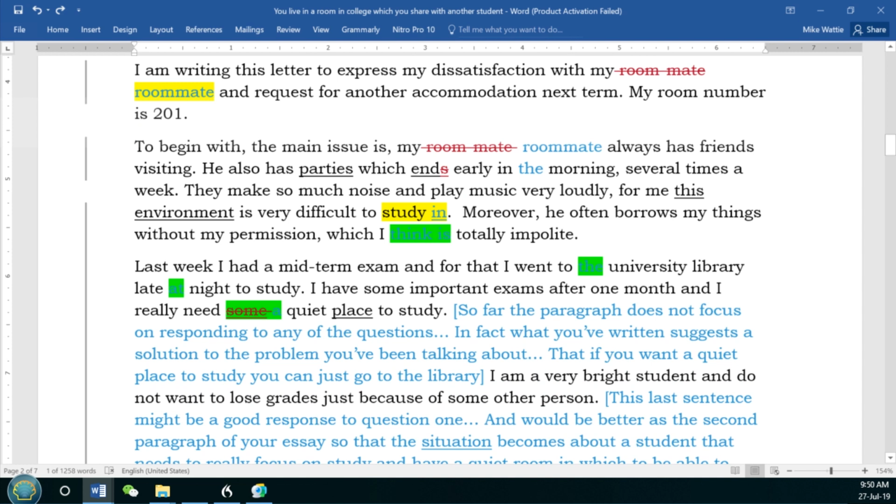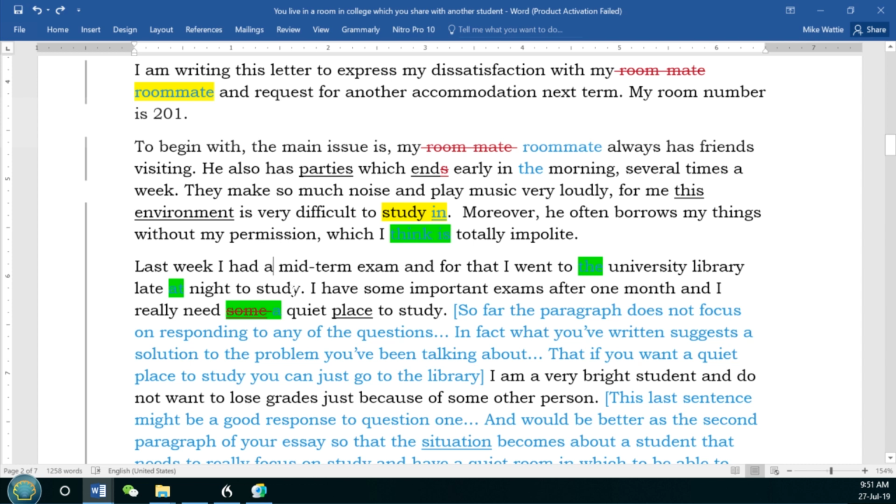I'm telling the writer here that this next paragraph is not really responding to any of the questions, and this is a problem. Paragraphs should start with a phrase that signals which of the three questions is being responded to. This one does a good job of this, to begin with the main issue. If we want to write a paragraph about problems, this is a good way to start a paragraph. This one, not so much.